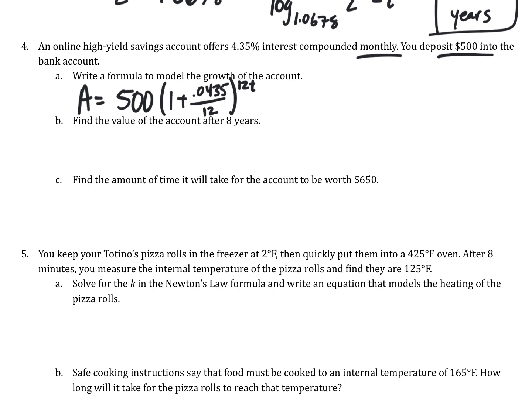All you have to do for the next one is take your 8 and put that in for t, and the calculator spits out $707.67. If it's a money question, I think you should round it to 2 decimal places. Okay, find the amount of time it'll take for the account to be worth $650. So we put our 650 in for A, and solve for t.